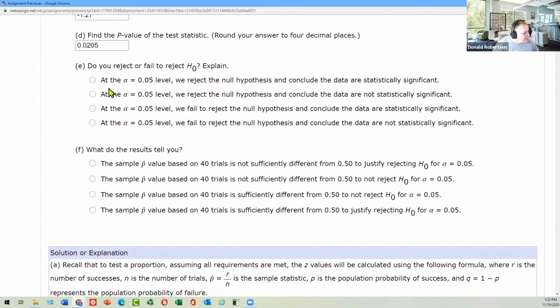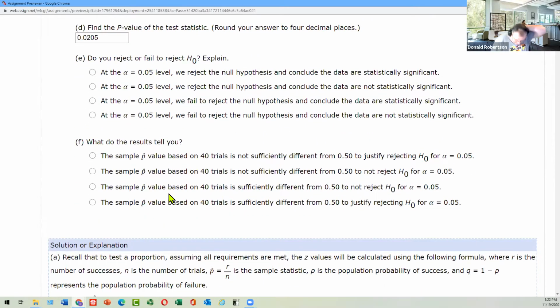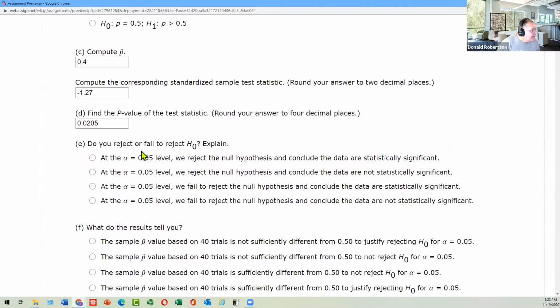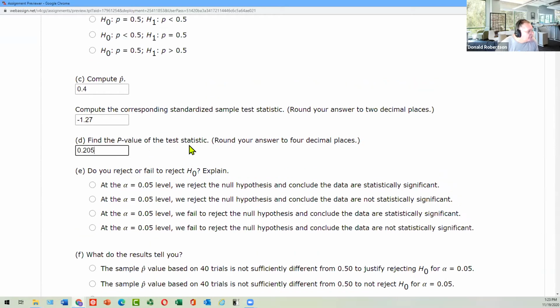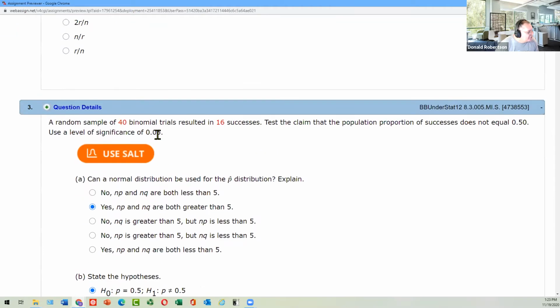Now, these two guys are the test. Is our p-value, oops, I put a 0 in there that I shouldn't have, is 0.205 our p-value, is it less than that number?